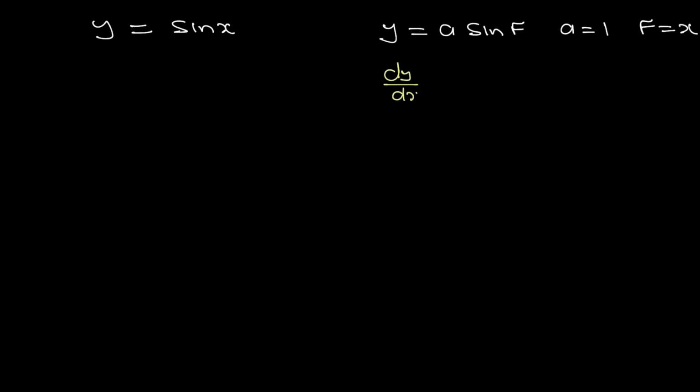Let's start with an example. y equals sine of x. We're going to apply chain rule here. I'm going to rewrite this as y equals a sine f, where a equals 1 and f equals x. dy/dx will be a cos f times df/dx.